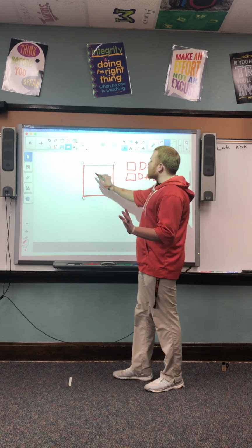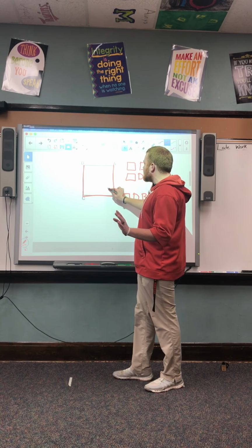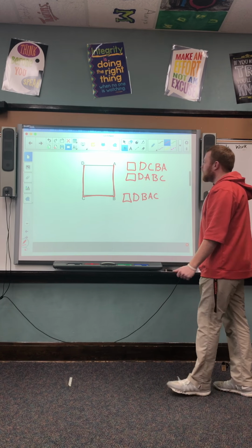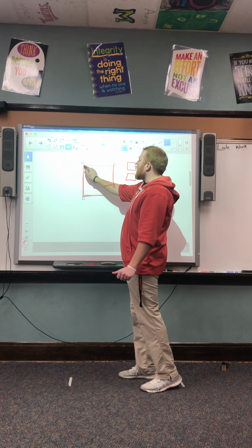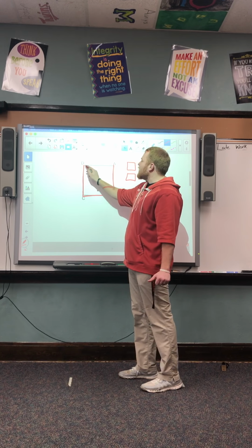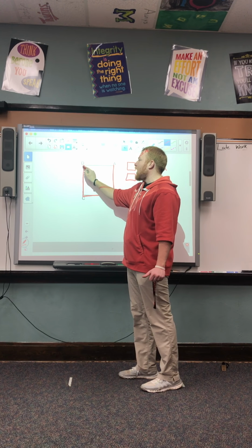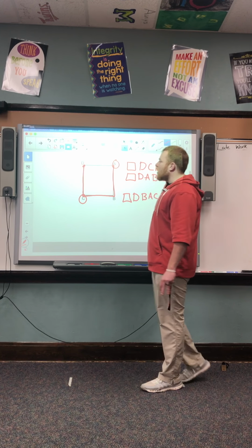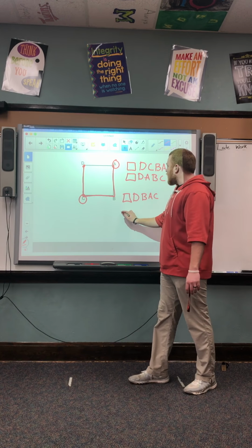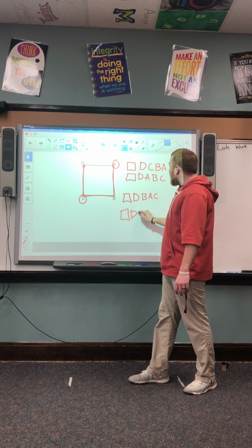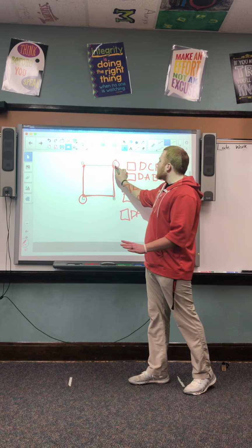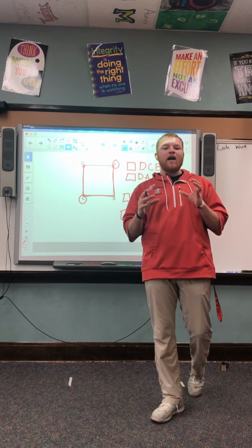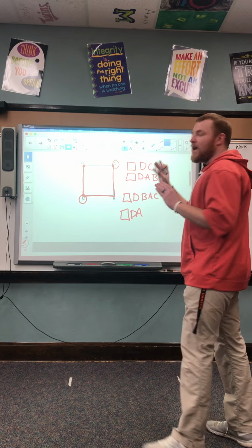You cannot, since there's no line connecting D and B, you can't just jump straight across. You have to find a line segment that connects to the starting point. I started at D. The only two options I could choose from are A and C. So you could go D, A, but you can't go across to C because no segment connects A and C together.